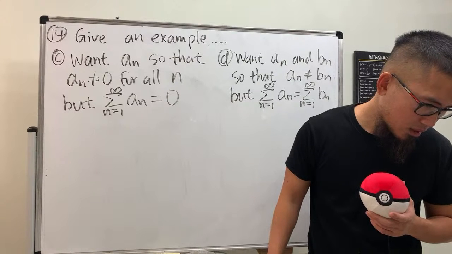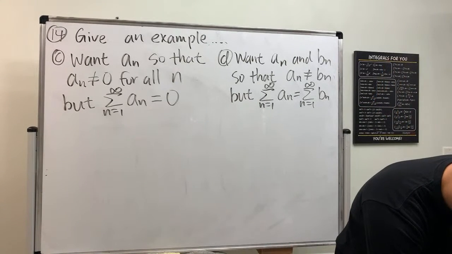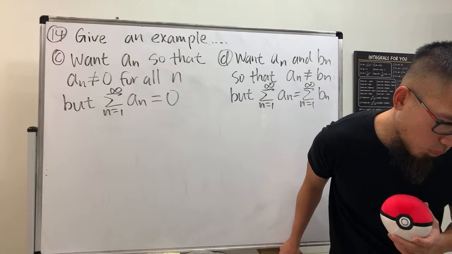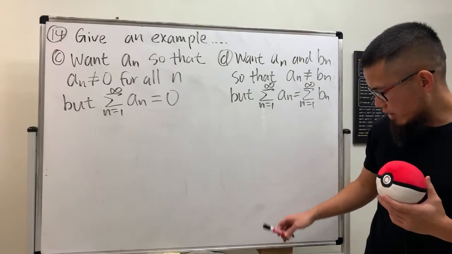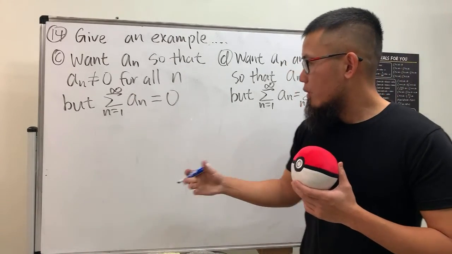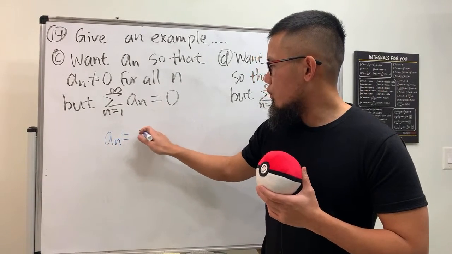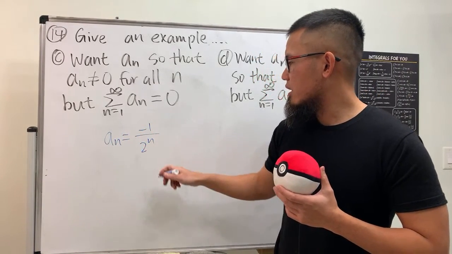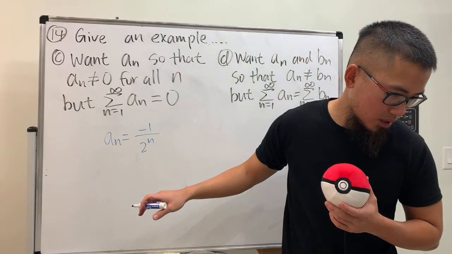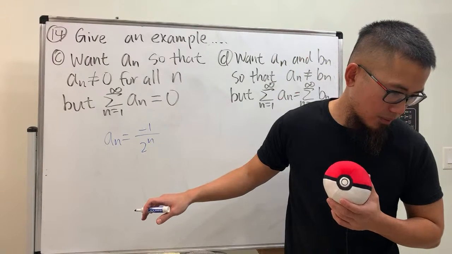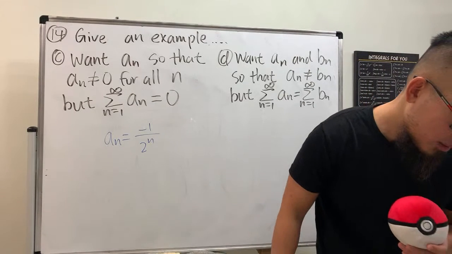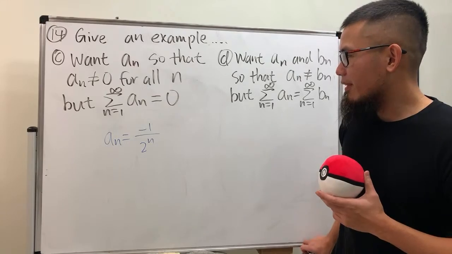Joshua, you say negative 1 to the negative 1 over 2 to the n? Negative 1 over 2 to the n doesn't work either. N over 2 to the n does not work.